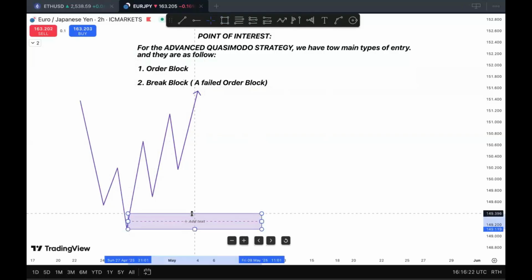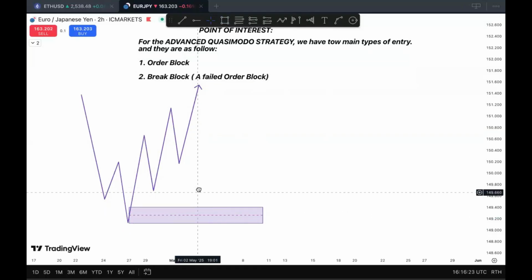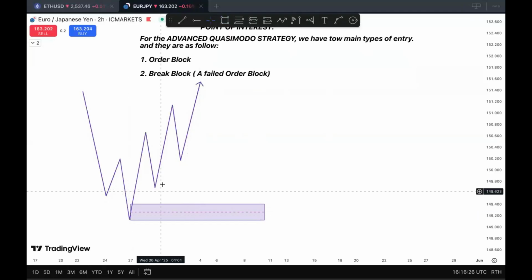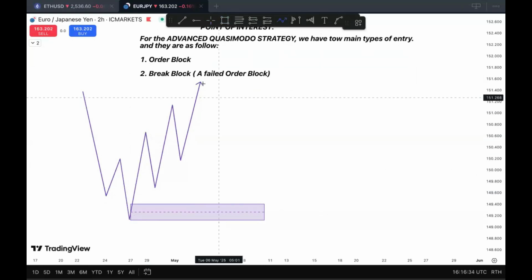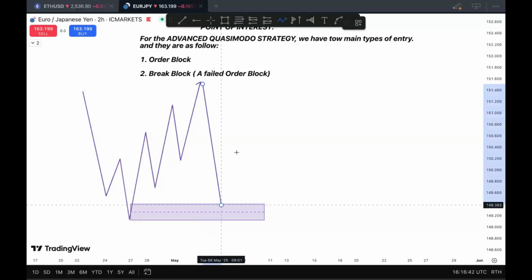So let's say this is our order block. This is the main low, and this is the last low. So what price usually does is price will sweep, we come back, sweep through the last low, and then come to your POI, and then start buying again.